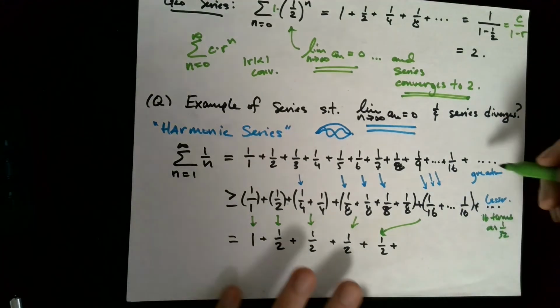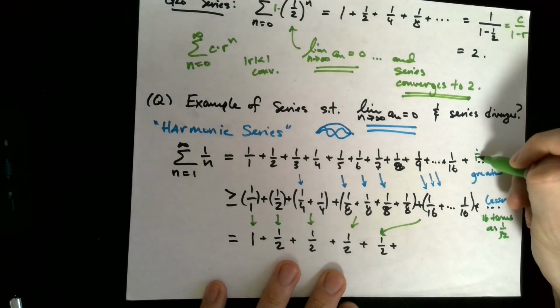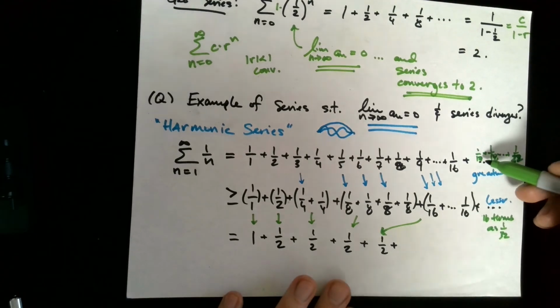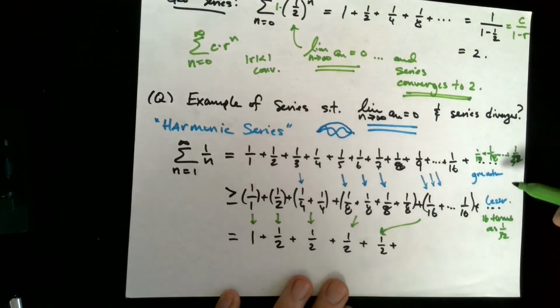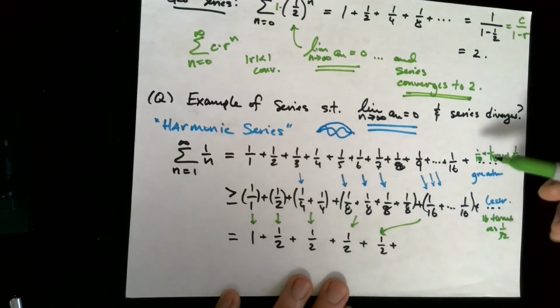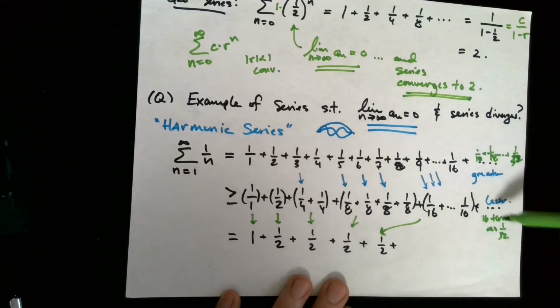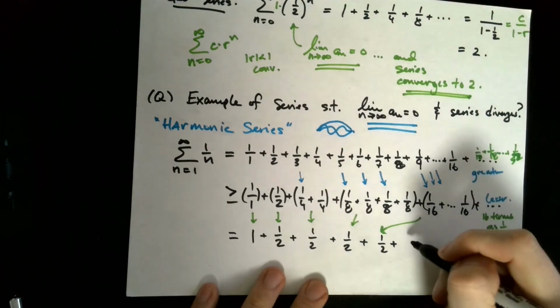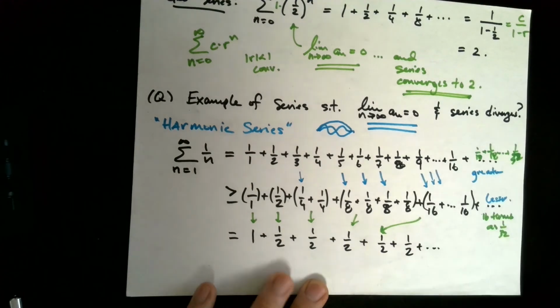And note, the next 16 terms would be up here as like 1/17 and 1/18, all the way out to 1/32. And note, 1/17 is bigger than 1/32. So if we replaced all of these terms with 1/32, we would have down here something that's lesser. But yet, these 16 terms written as 1/32 do what? They add to a 1/2. And now, what could we next do?